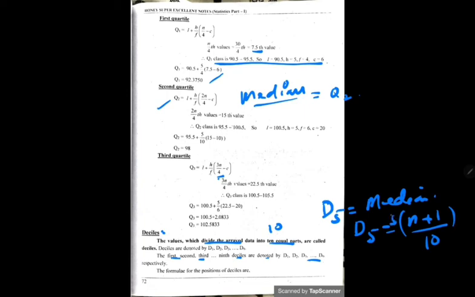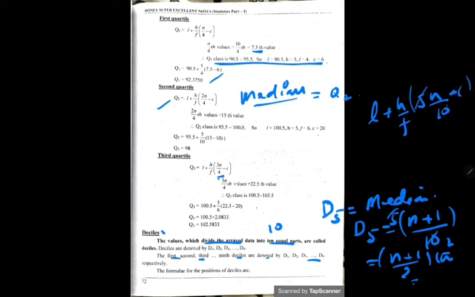The position of D5 becomes the median, as D5 is 5 times (n plus 1) divided by 10. When 5 cancels out with the 10, it becomes (n plus 1) divided by 2, the median. Similarly, for grouped data it is L plus h by f times (5n by 10 minus C). When 5 cancels out, it becomes the median.